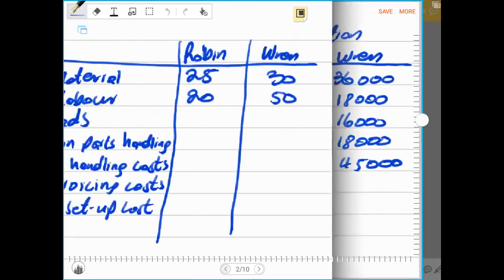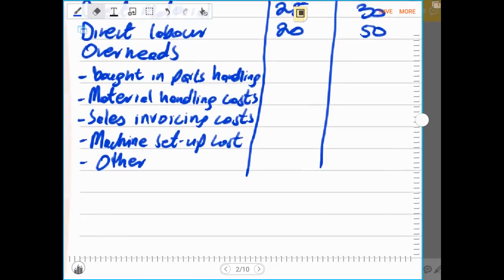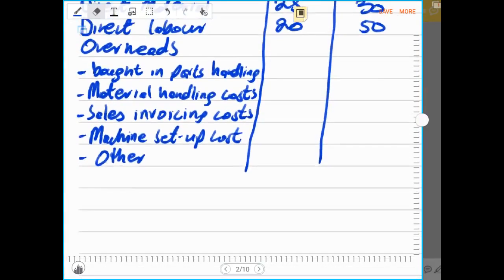Remember, the requirement was to calculate total cost per unit, and these costs are per unit. The direct material is per unit, the direct labor is per unit. So when we allocate these overheads here, they must also be per unit, because we have to calculate total cost per unit.